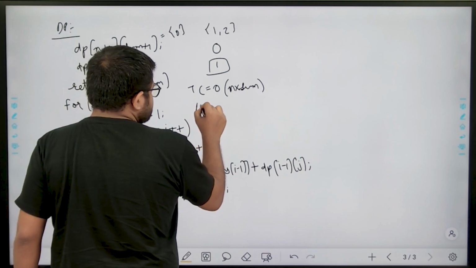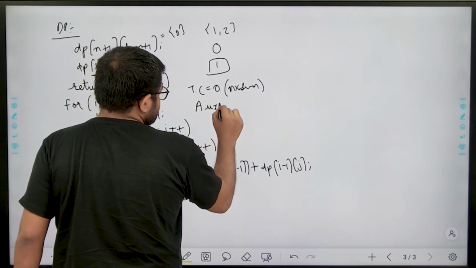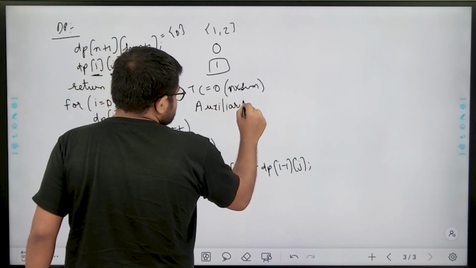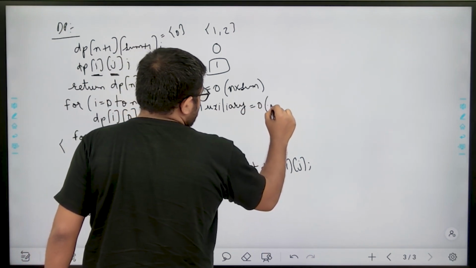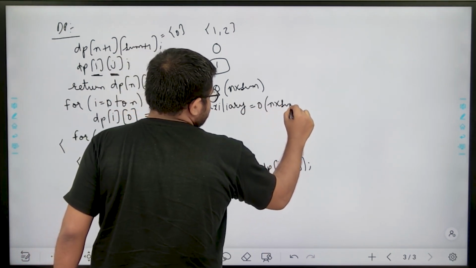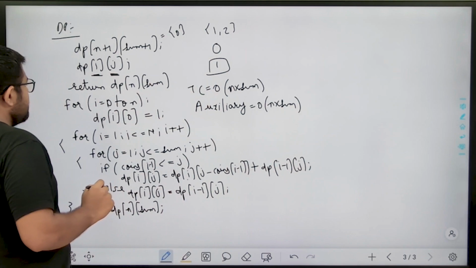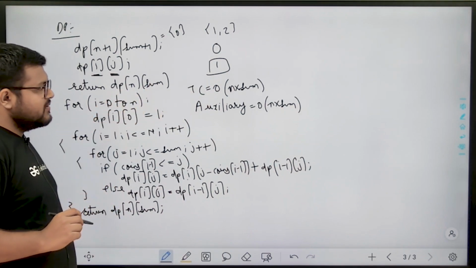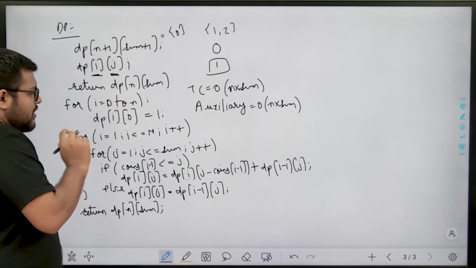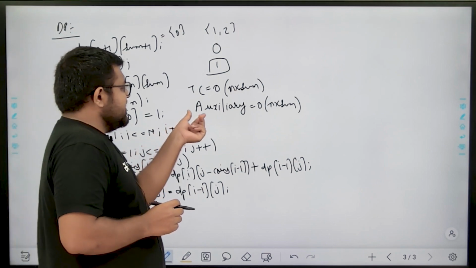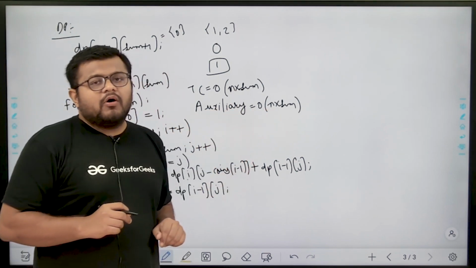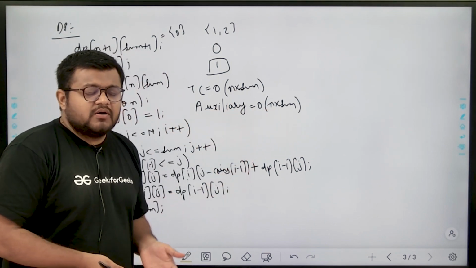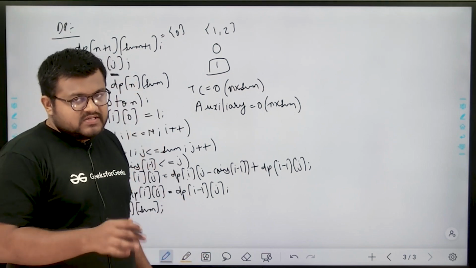What would be the auxiliary space? The auxiliary space will also be big O of n into sum, because I have taken a 2D array of size n cross sum. Now in the question it is said that auxiliary space is big O of sum, so you can do space optimization on this and solve it.